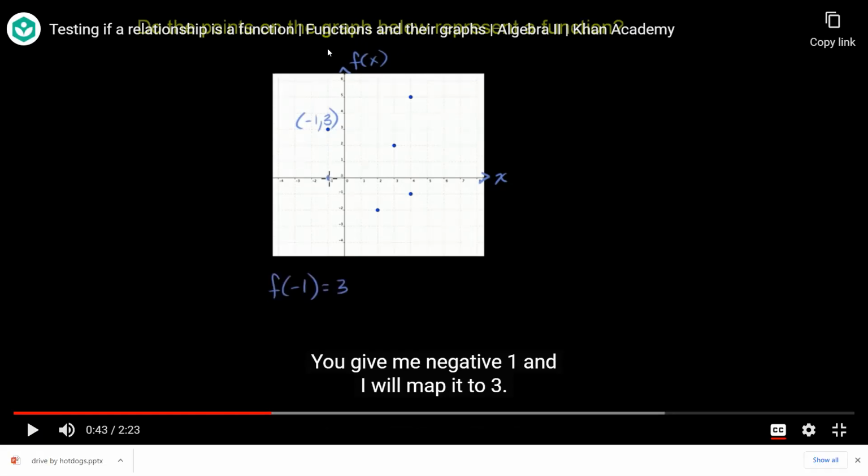Now, if you notice, he's talking about f of x and f of -1. What Sal is writing out here is what's called function notation. You know, our y equals mx plus b equation could actually be written as f of x equals mx plus b, because all it means is the function of x, whatever you put in there for x, is going to spit out your y value.